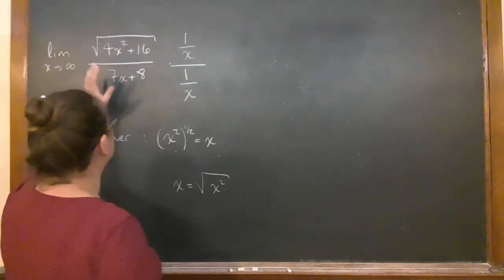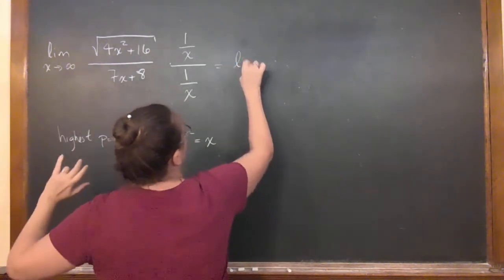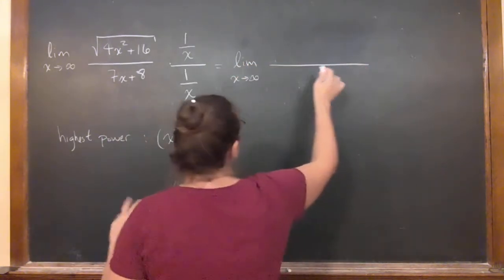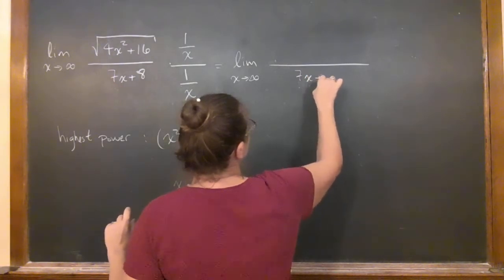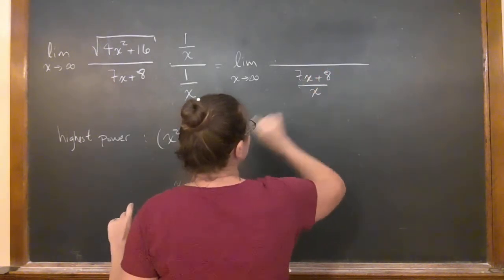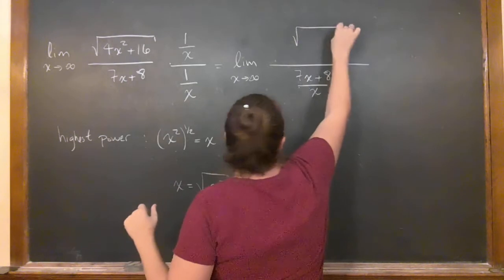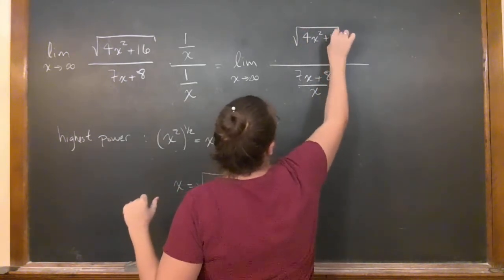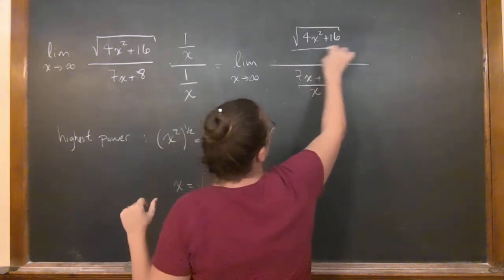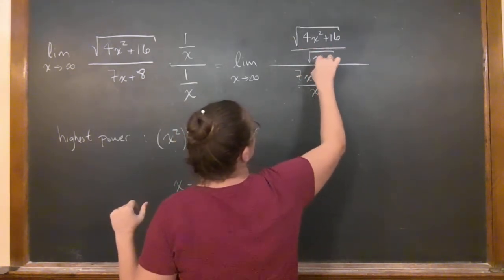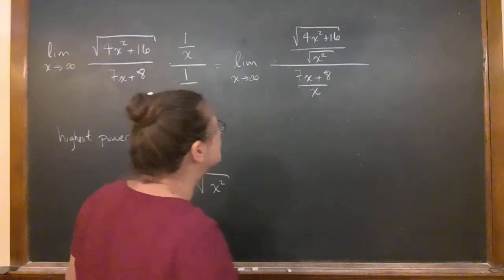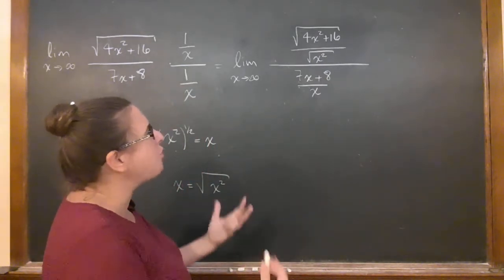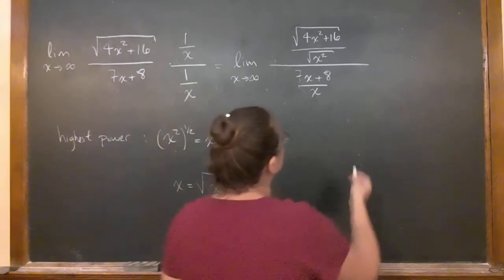So, let me just write something. I've got 7x plus 8 here, just divided by x like usual, but then I've got 4x squared plus 16. I need the whole thing under the square root, so I can think about this as dividing by the square root of x squared, and then that whole thing goes under the square root.